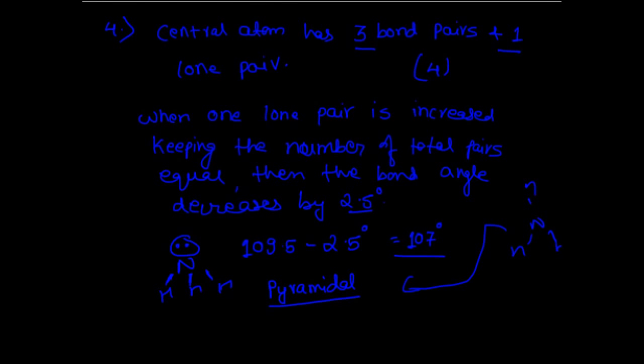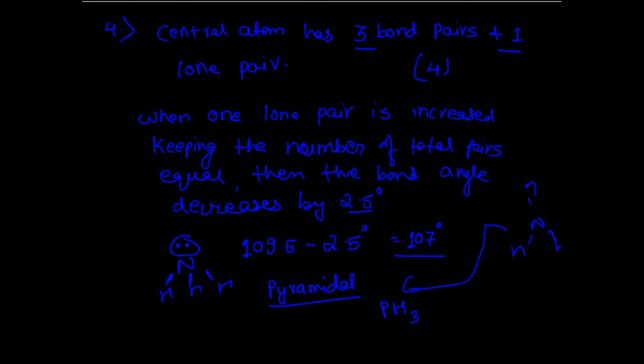Now what can be the other example of this case? Since we know that NH3 is the example of this case, another example may be the compound of the other element in the same group as nitrogen, that is phosphorus. So PH3 can be the next example, and so on.